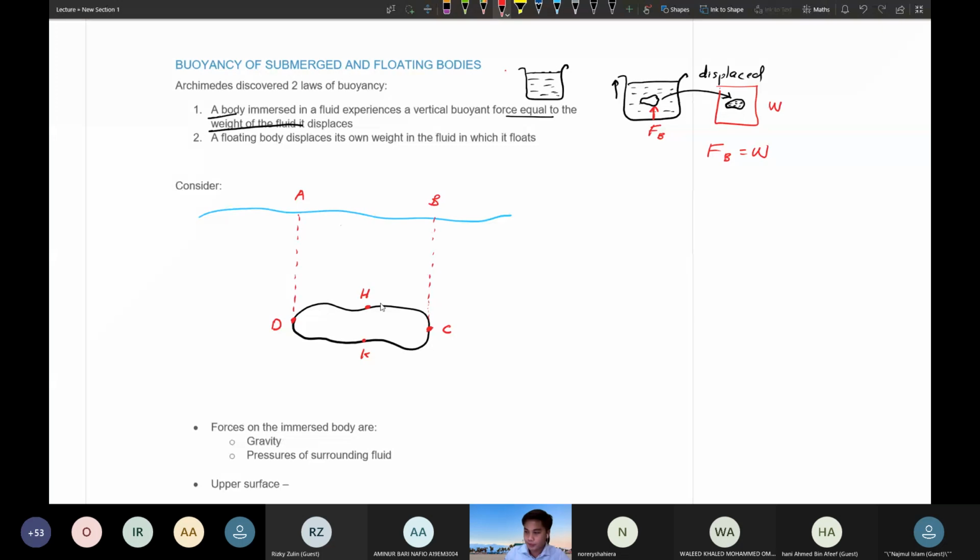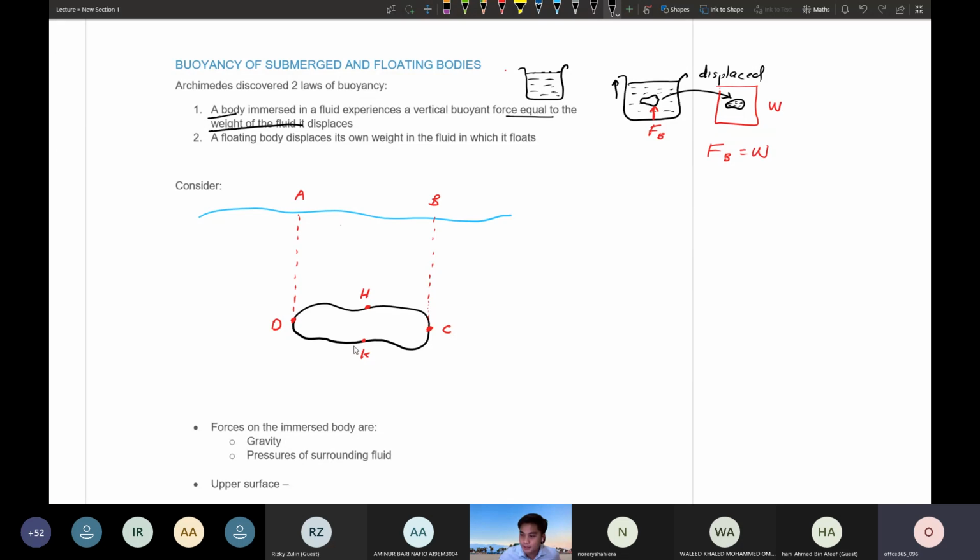And then what do you think? Do we have any forces involved here? Everyone? Yes, doctor. Okay, what's the force involved? Force toward the body, toward the surface. Toward the surface. But upward or downward? Upward.